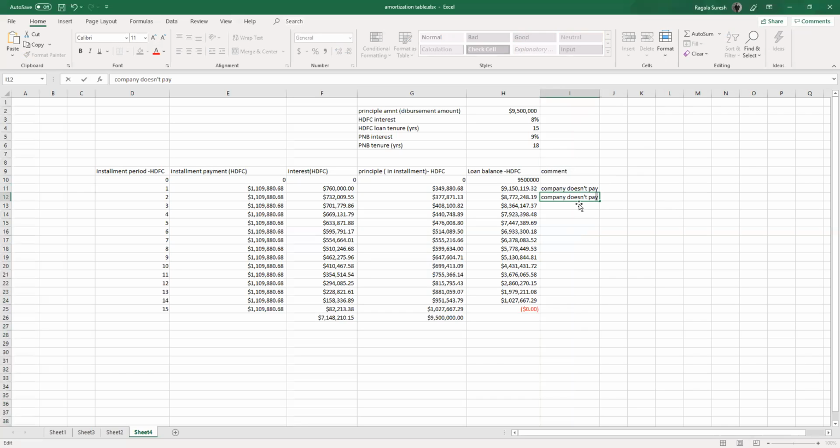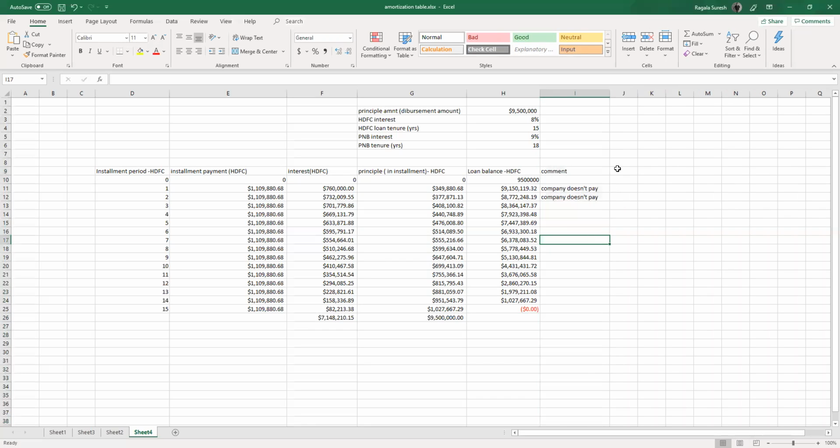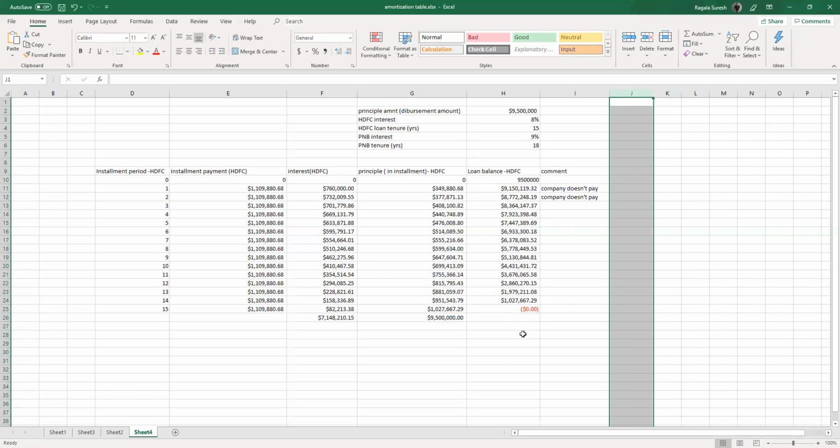What I'm thinking is the employee has to pay 50%, right? That is another thing. So out of the 95 lakh principal payment, what will be the half? 48.